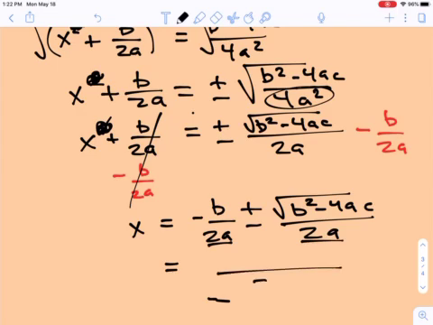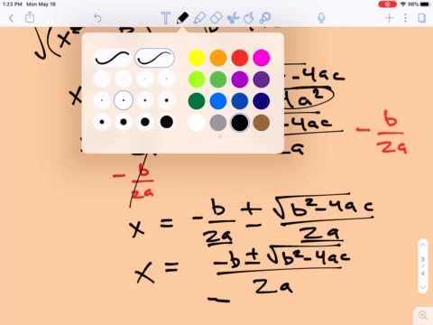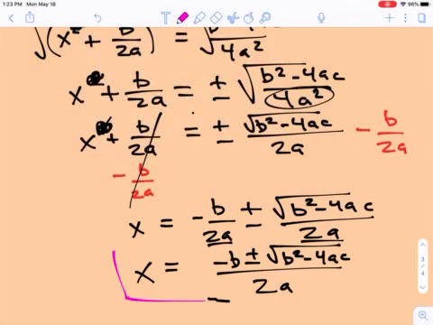So this whole thing is going to go over 2a, right? And then you get minus b plus and minus square root of b squared minus 4ac. And here, lo and behold, you have what we now know is the quadratic formula. And we have found it.